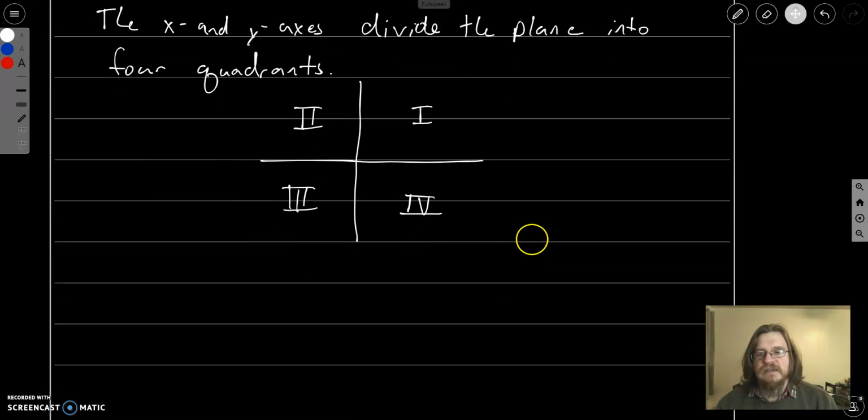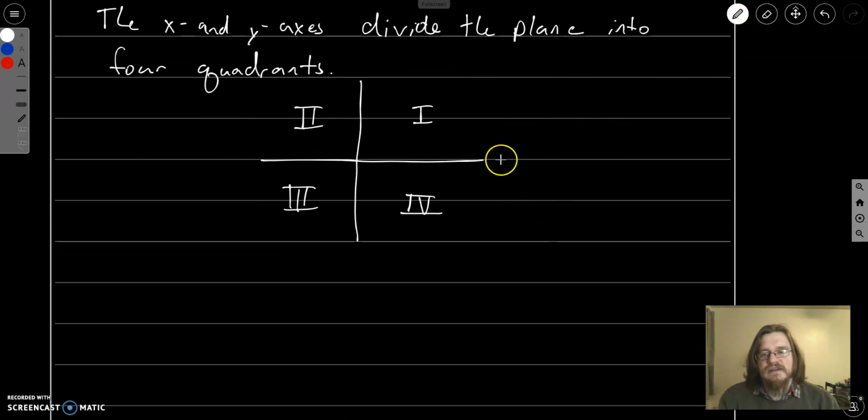And then the very last thing that we'll see is the fact that the x and y axes, the x-axis and the y-axis, divide the plane into what are called 4 quadrants. So we have quadrant 1, quadrant 2, quadrant 3, and quadrant 4. If I had an angle that's between 0 degrees and 90 degrees, the angle will live entirely in quadrant 1.